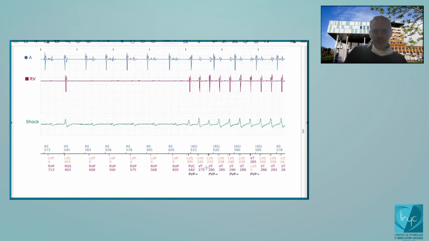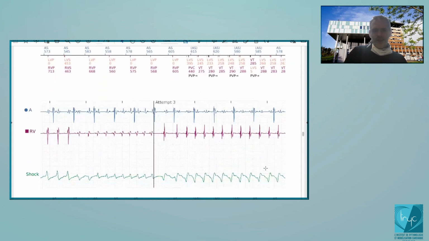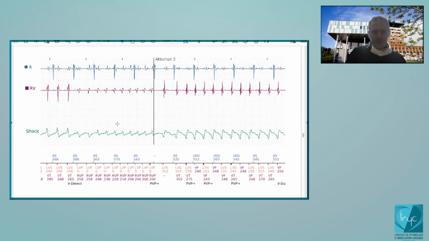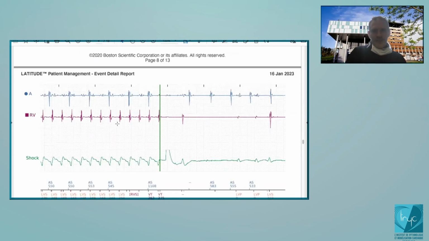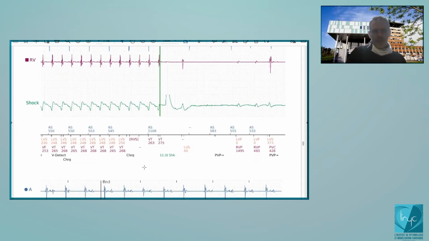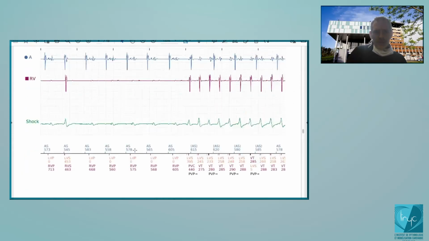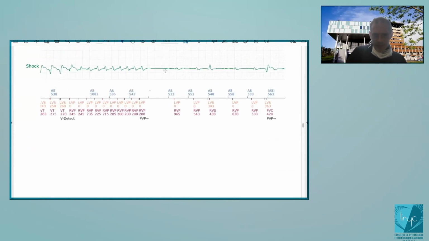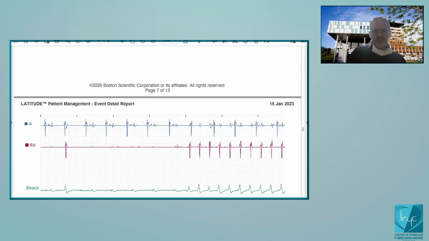Therefore, you now have the 8 out of 10. So what I mean is that you will deliver the last ramp that was programmed. It's not efficient, and therefore the patient will receive a shock because there was not enough time between the efficient ATP and the new onset of the arrhythmia, and therefore the device will consider that this is still the same episode.